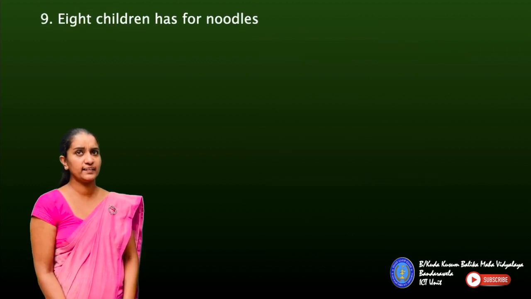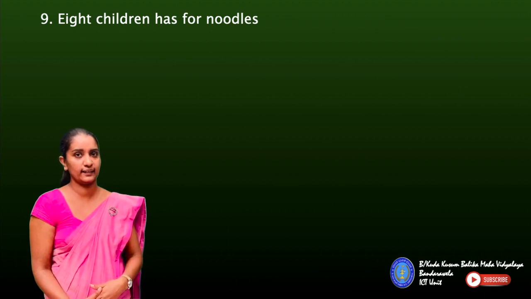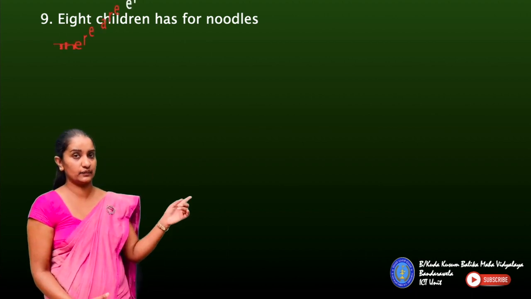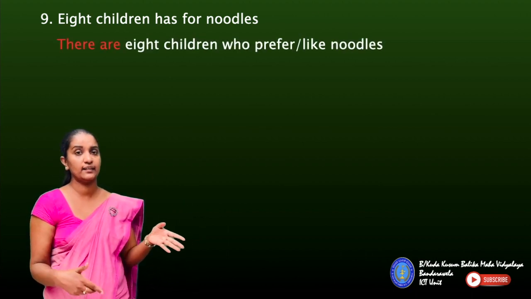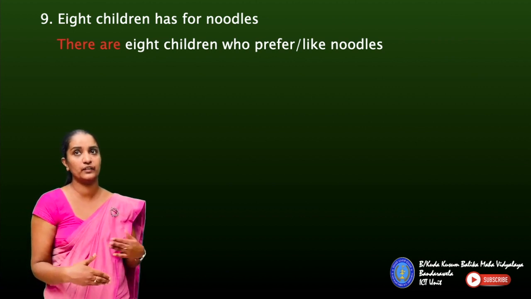Look at my 9th example. 8 children has for noodles. What is it? It is direct translation. ළමයි 8 දෙනෙක් noodles වලට ඉන්නවා. Can you say it like that in English also? No. So what is the phrase you have to use? The correct structure is, there are 8 children who like or who prefer noodles.